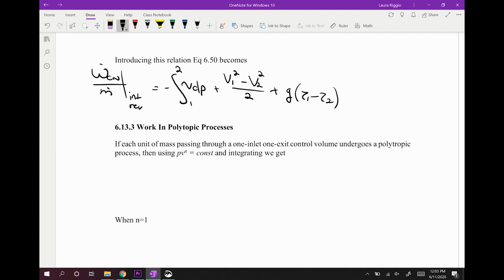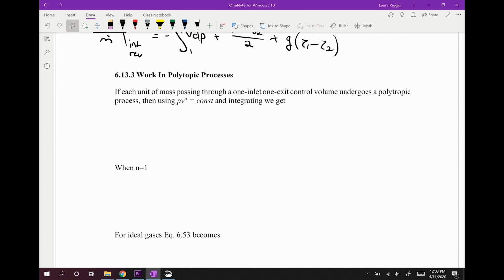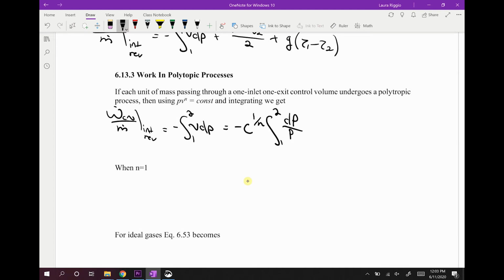So we're going to see how this applies to polytropic processes. If we use our polytropic relationship, we know that our work is equal to minus the integral from 1 to 2 of VdP, which equals minus a constant to the 1 over n times the integral from 1 to 2 of dP over P to the 1 over n, which equals minus n over n minus 1, P2 V2 minus P1 V1, for n not equal to 1.